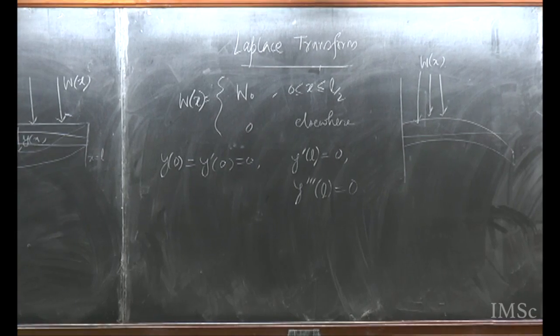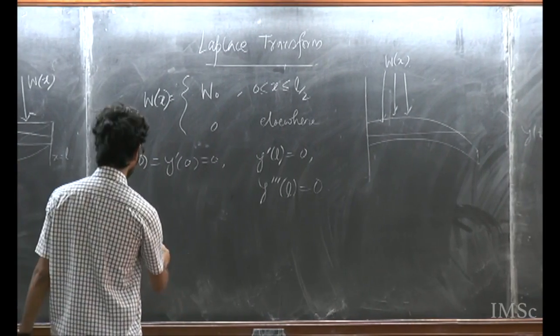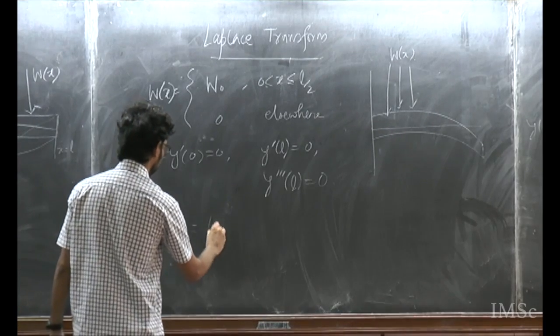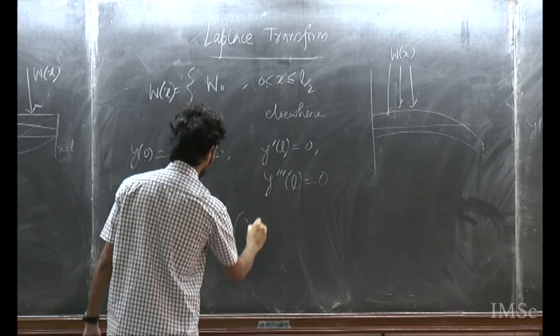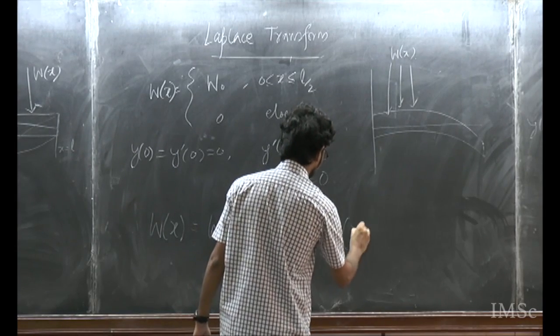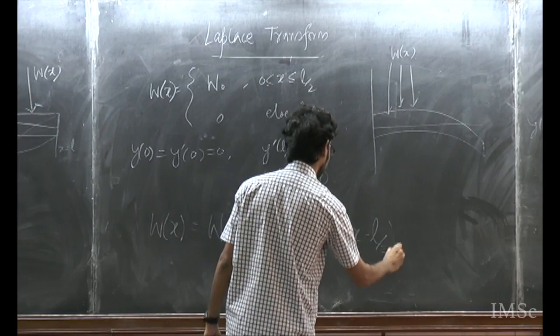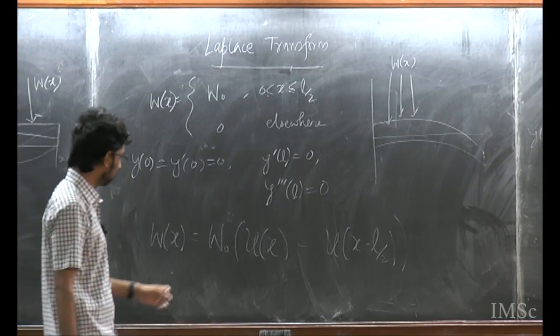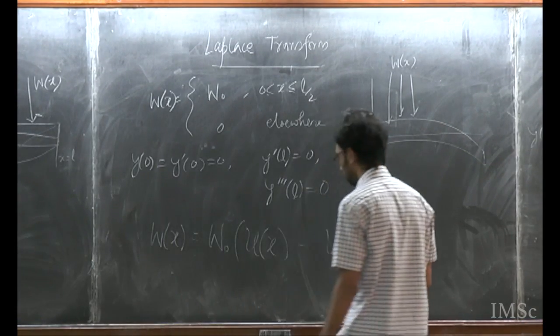So we use the Heaviside step function. So we can write Wx equals W naught times u of x minus u of x minus L by 2. Okay, let's check that this gives you the right answer.